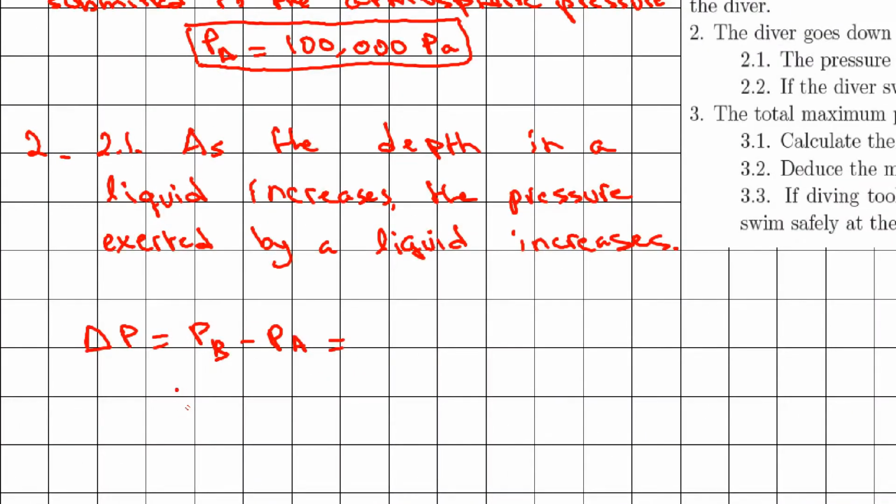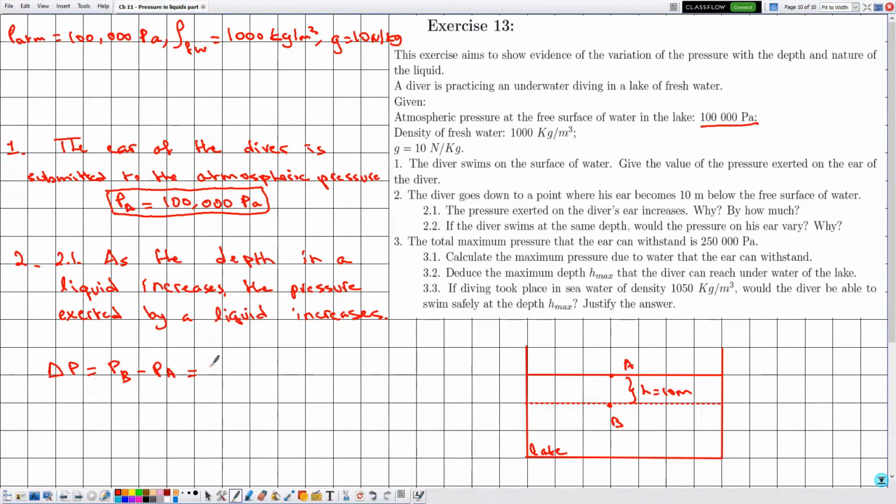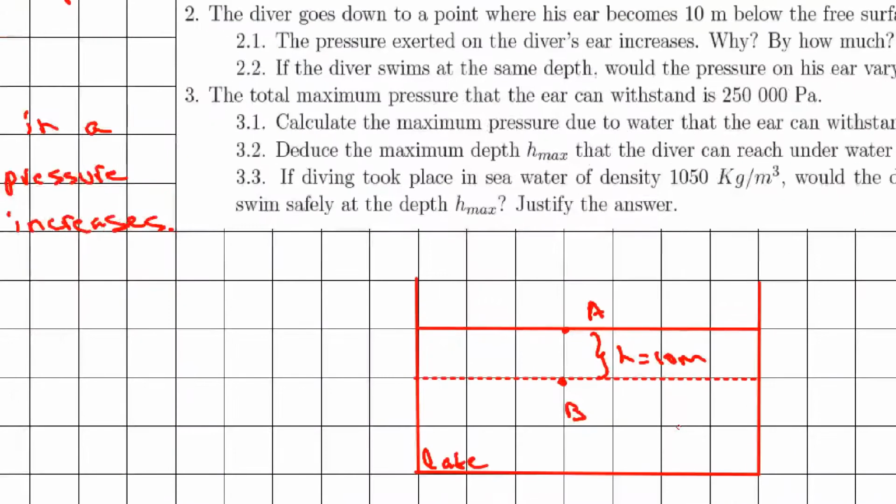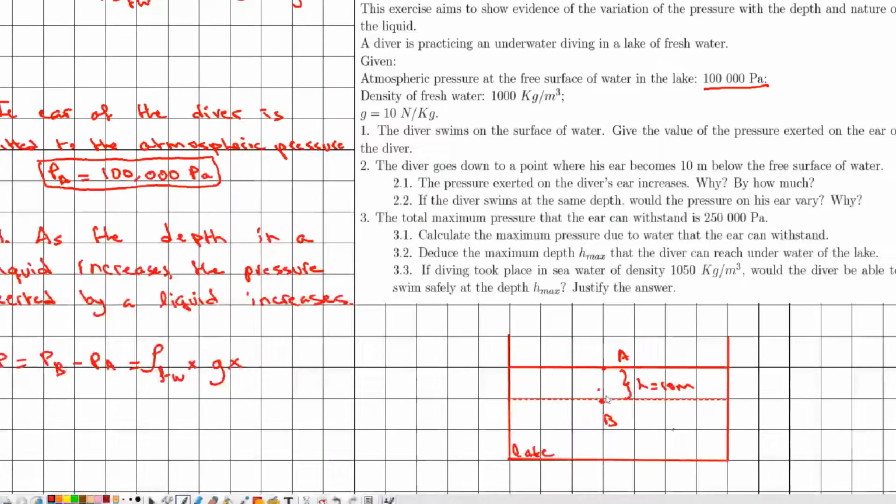So delta P can be directly calculated as the density of the liquid times g times h, in which h represents the difference between the two levels corresponding to the points B and A.